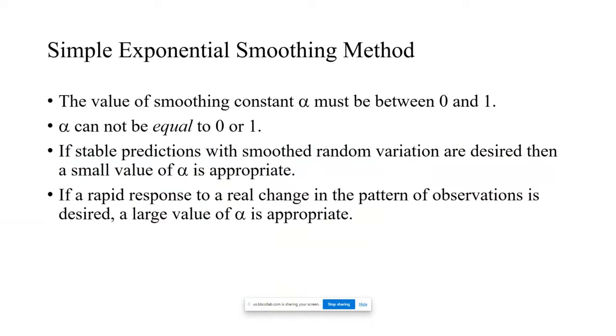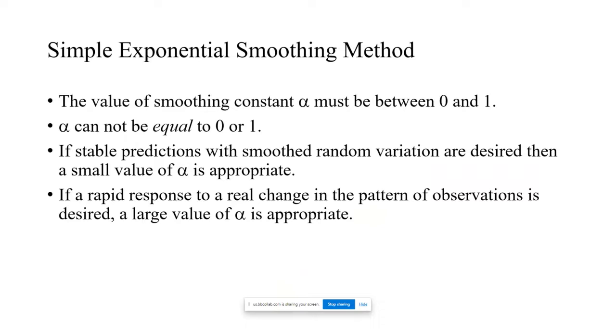The value of this smoothing constant must be between 0 and 1. It cannot be 0 or it cannot be 1. It has to be 0.001 or 0.9999. Those are the two lower and upper limits.